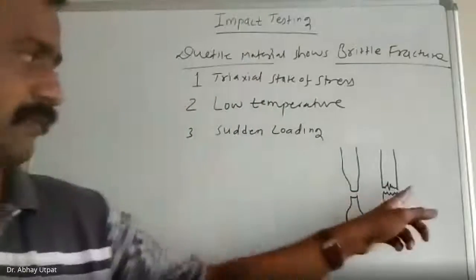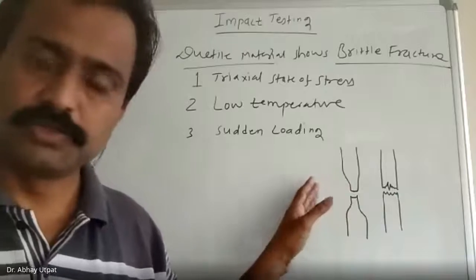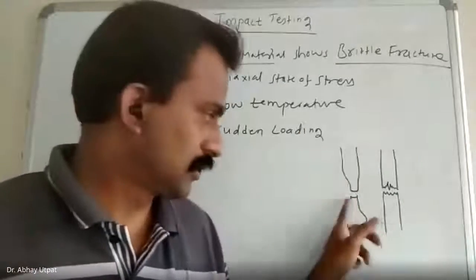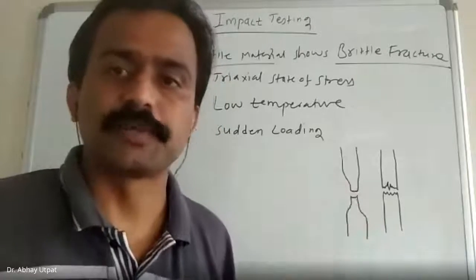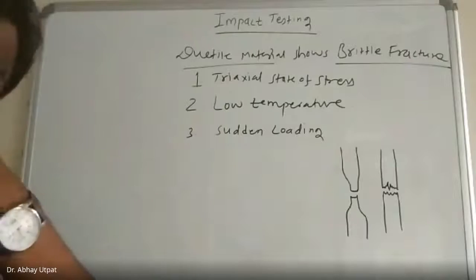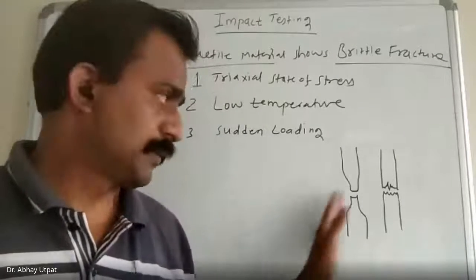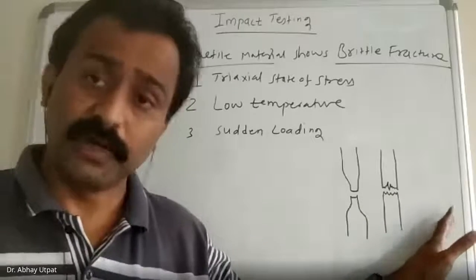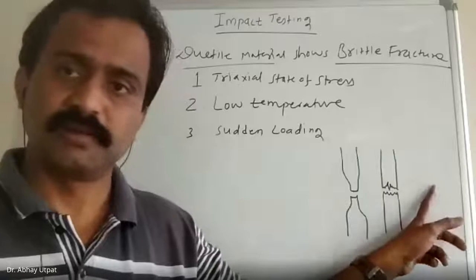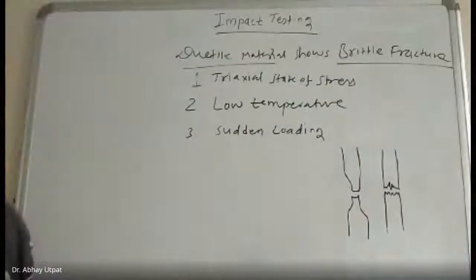And this is brittle fracture. So ductile fracture is usually with some gradual loading. It shows cup and cone type fracture with neck formation. In brittle material, there is no neck formation. Now, ductile material must fail in this way, and brittle material must fail in this way. But ductile material sometimes fails in this way. How? These are the conditions. Let us see one by one.